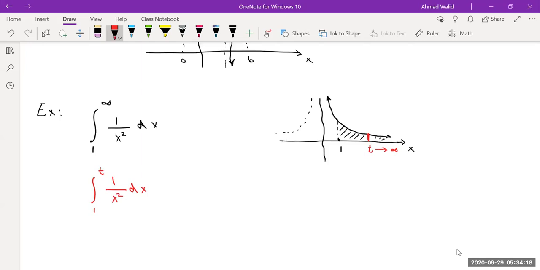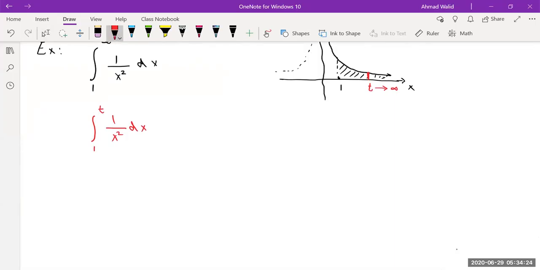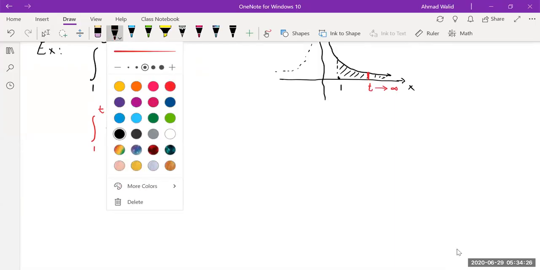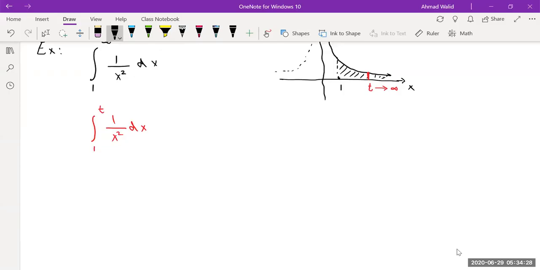Right now I know how to deal with this integral. It's really easy, correct? Let's solve it. Hopefully, because right now you have learned many different techniques of integration, do not make it complicated for yourself.